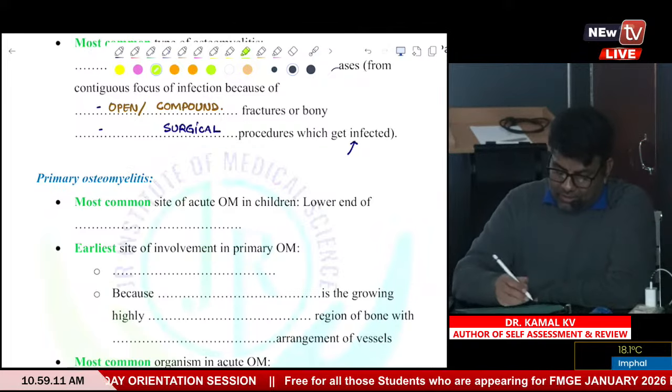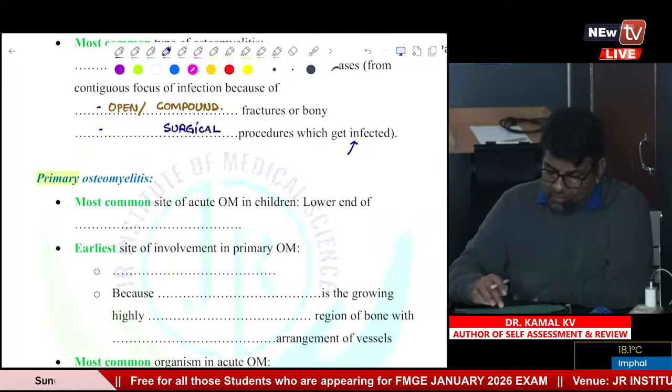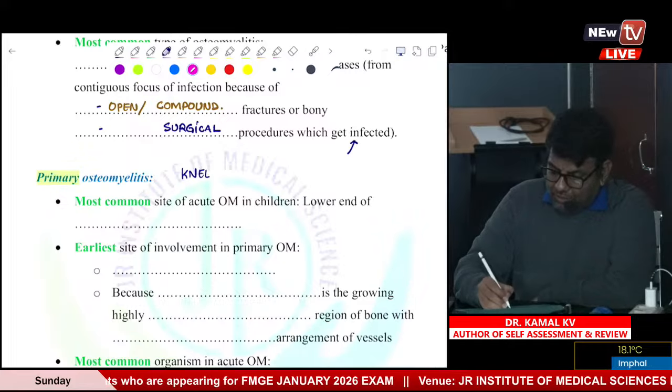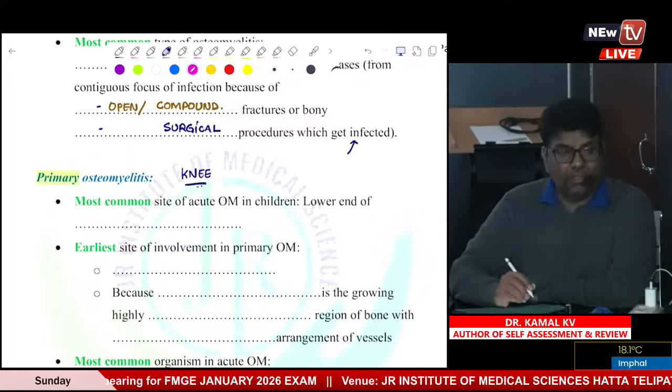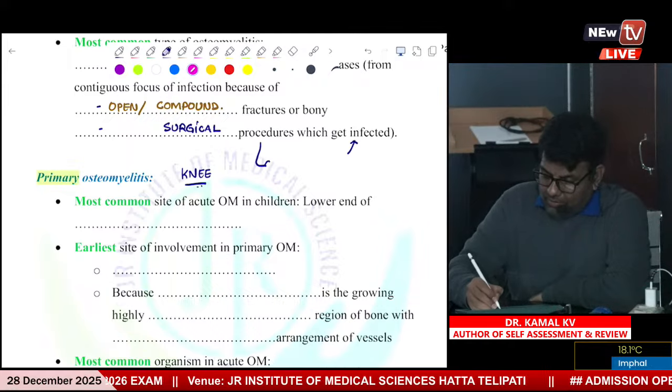So we will start with primary osteomyelitis. The joint area which is a very common site is the knee joint, and we know that in the knee joint there are two bones.